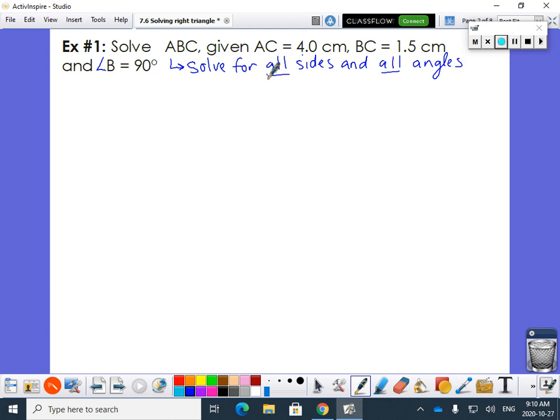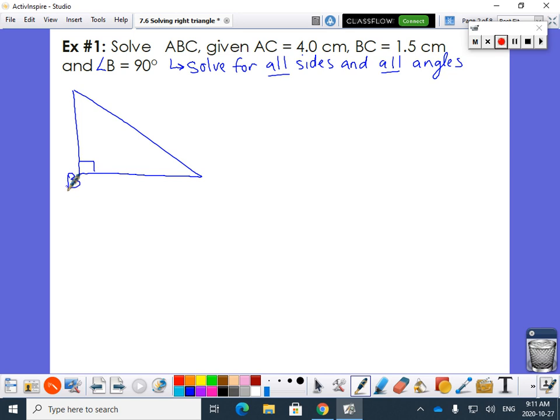So number 1, we're going to draw this guy. So we have a line segment AC, so A connects to C, B connects to C, and then we have an angle B of 90 degrees. So I'm just going to go like this. Yours will be nicer than mine because you can be using a ruler. So if this is my 90 degrees, what am I going to label this vertex? Wonderful.